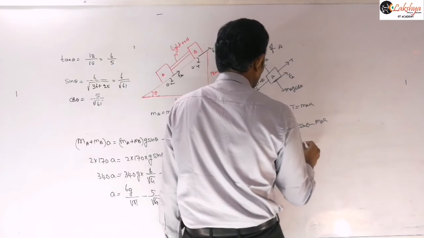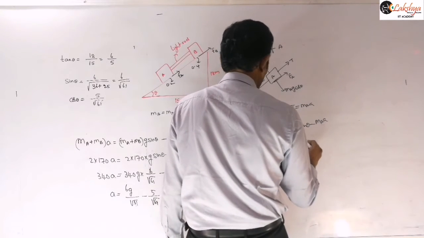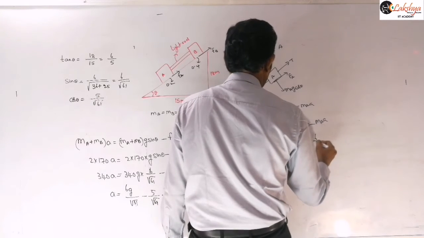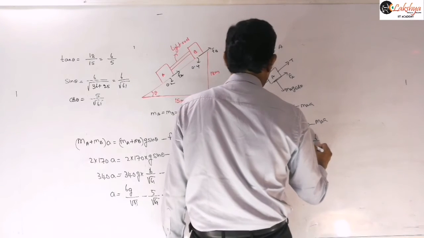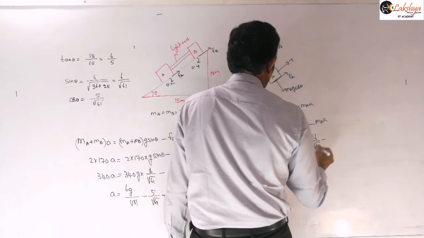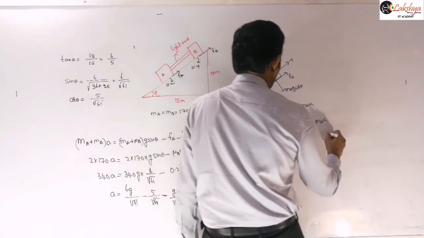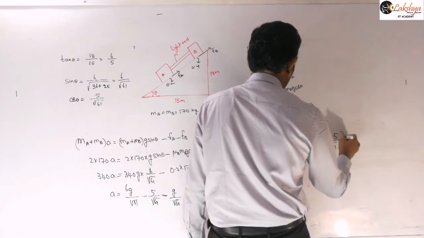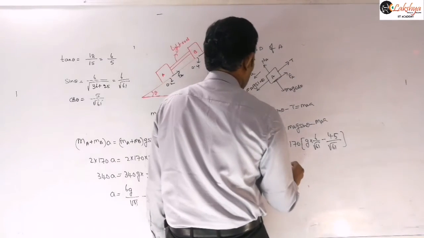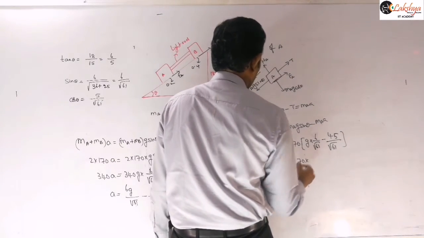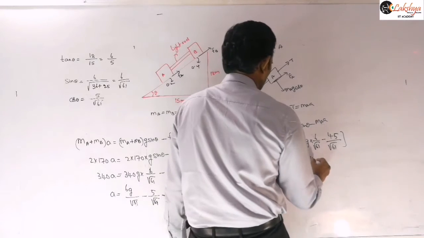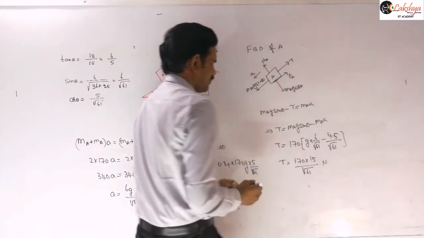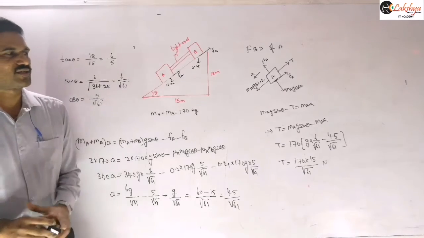So this is 170 into, I can take this as G into sin theta, that means sin theta value is 6 by root 61 minus A value, that is 45 by root 61, and therefore this tension is equal to 170 into, so 15 by root 61 newtons, and you may further simplify that. So that is the tension there.